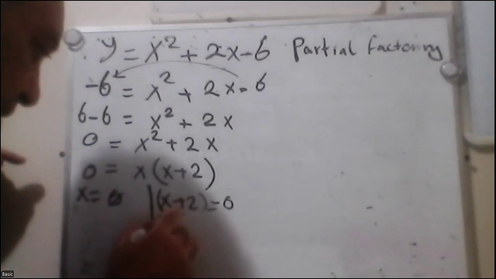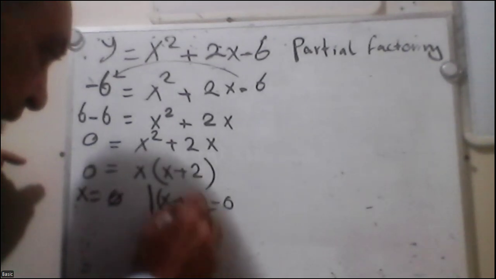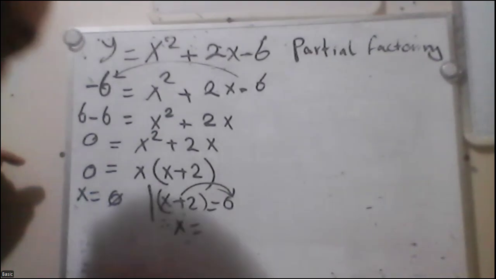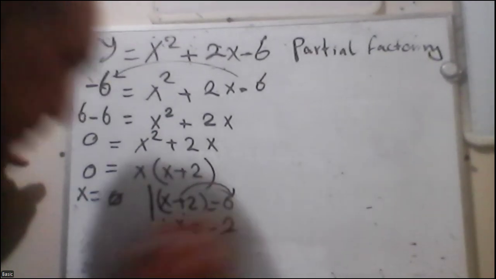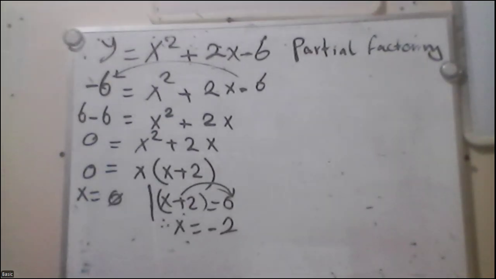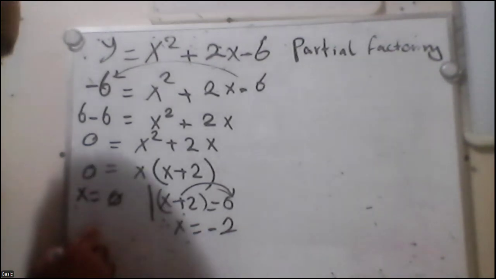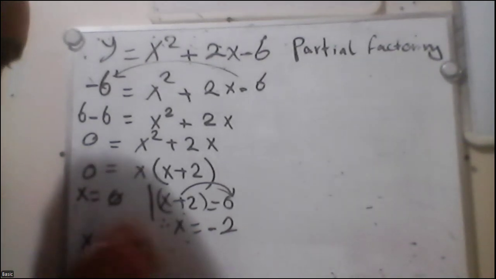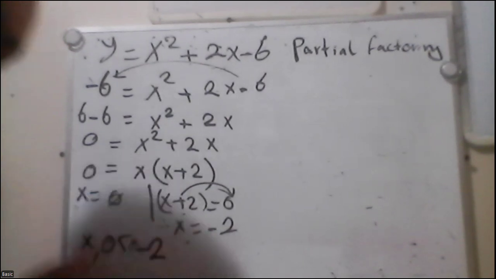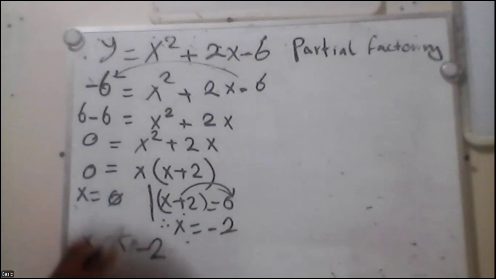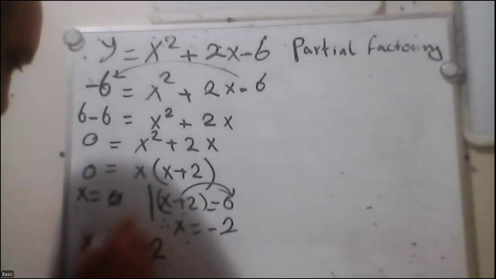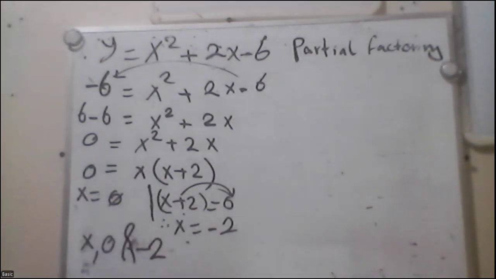Then I will take the 2 to the other side, x will equal minus 2. So for x, I have 0 and I have minus 2. Those are for the x, 0 and minus 2.